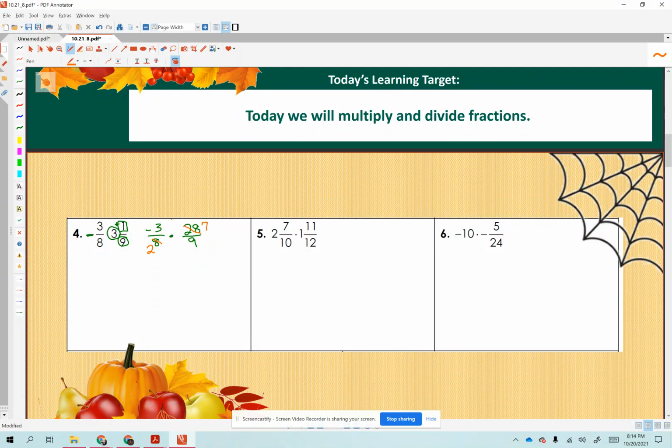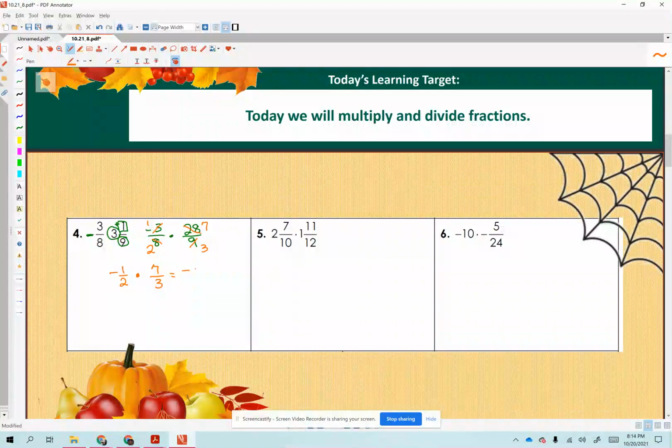And I also noticed that 3 and 9 are both divisible by 3. So 3 divided by 3 is 1, and 9 divided by 3 is 3. So I can rewrite this problem as negative 1/2 times 7/3. And now I just simply multiply across. As I said, our answer will be negative.